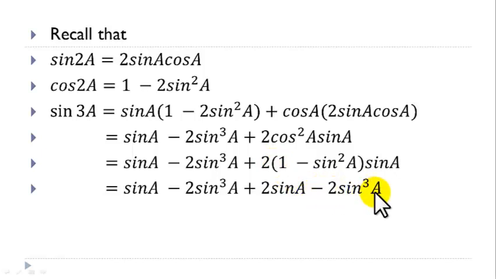Let us now collect like terms to obtain sin a plus 2 sin a is 3 sin a, minus 2 sin cube a minus 2 sin cube a will give us minus 4 sin cube a. Then we have proved that sin 3a is equal to 3 sin a minus 4 sin cube a.